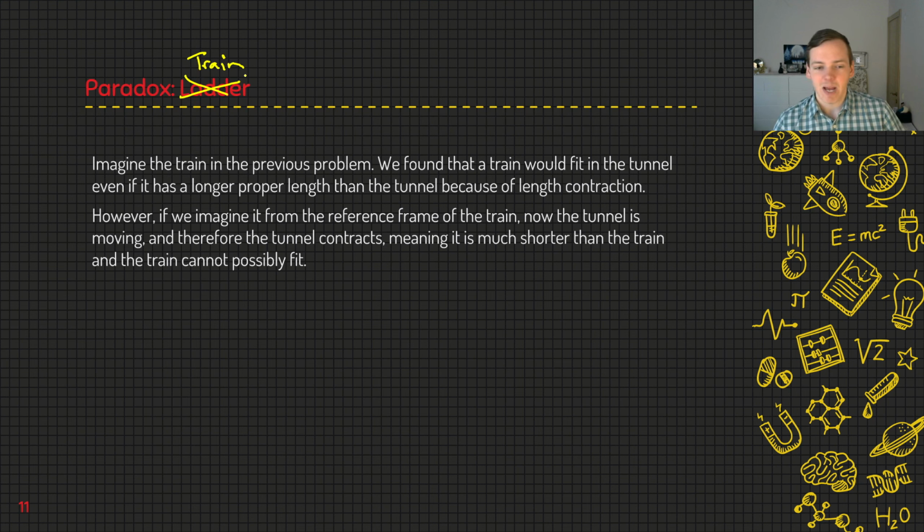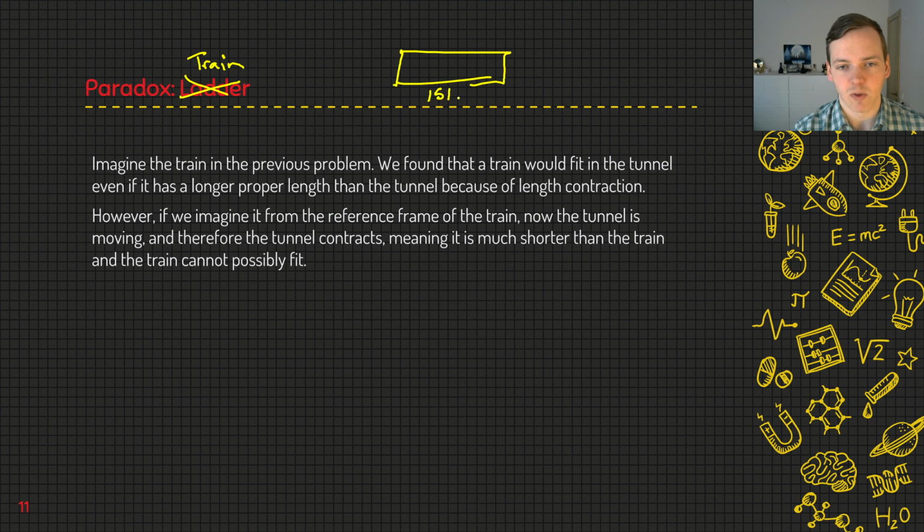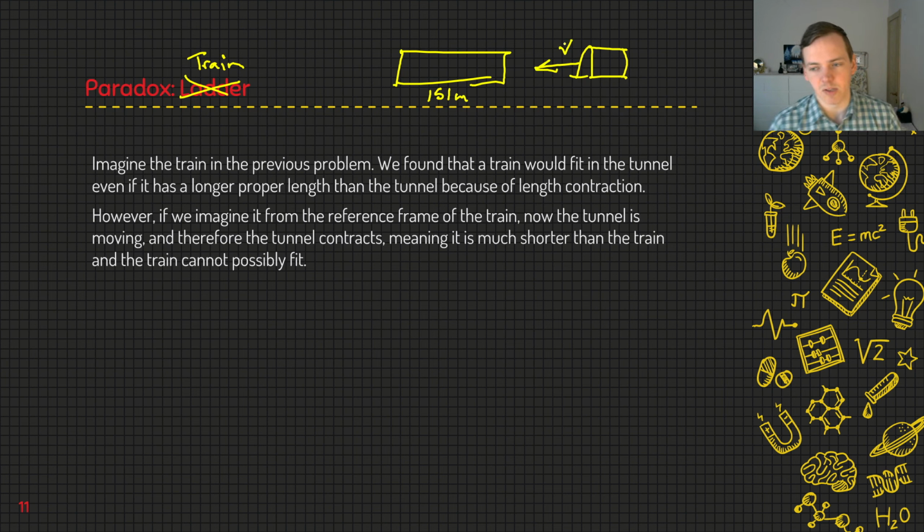However, if we imagine it from the frame of reference of the train, now the tunnel is moving. So from the train's perspective, it's 151 meters, and it's got this 100 meter tunnel traveling towards it with a speed of v. So now the tunnel contracts from what was originally 100 meters.